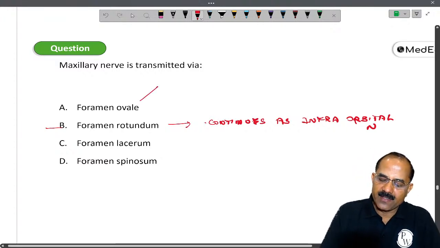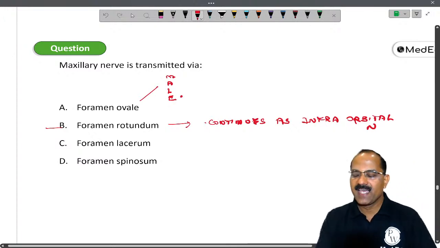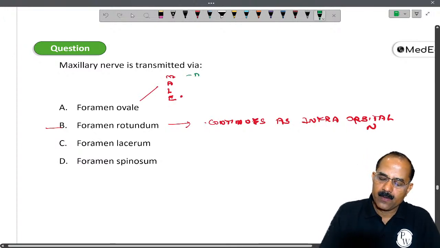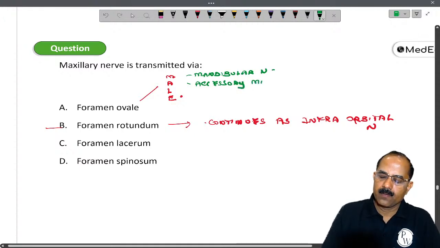Foramen ovale से क्या जाता है? This you must be all knowing. MALE. Who's M? Mandibular nerve. A, accessory meningeal artery.